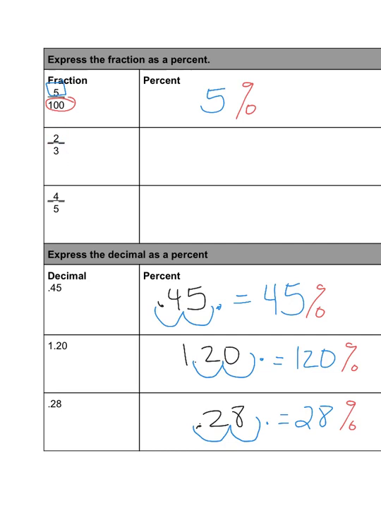Okay, moving on to this next one. It's a little bit trickier because my denominator is not 100. So the first thing I need to do is convert this fraction to a decimal by dividing my numerator by my denominator. So I have my numerator is 2, and I'm going to divide it by 3, and I get an answer of 0.666666666 going on forever.